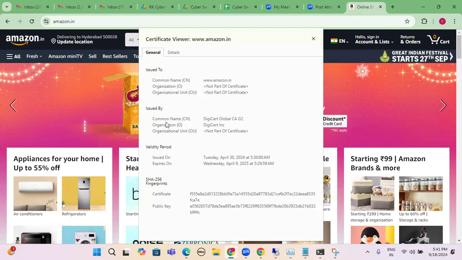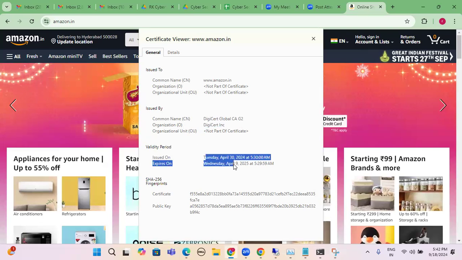The certificate authority, like a third party here, DigiCert Global. So Amazon India purchased this certificate from the certificate authority. That authority's name is DigiCert Global. Recently, DigiCert recruited more than 50 people related to the security field in the Bangalore location. So the company name is DigiCert Inc.